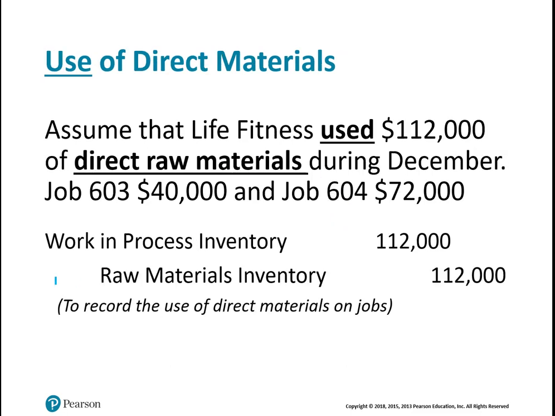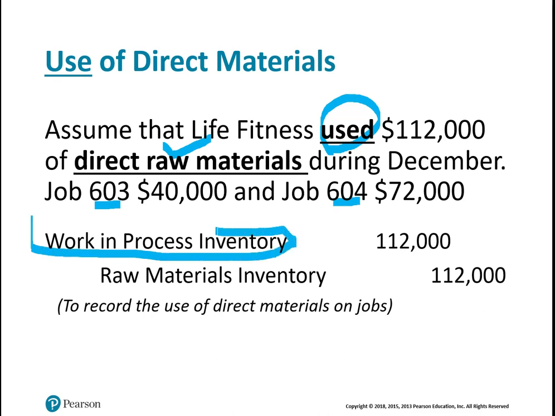Now, this is what's new, is that for a job order costing system, when you use a certain amount of direct raw materials in a job, and in this case, we used it in 2 different jobs, the controlling account, which is the work in process, and that is an inventory account, is debited.